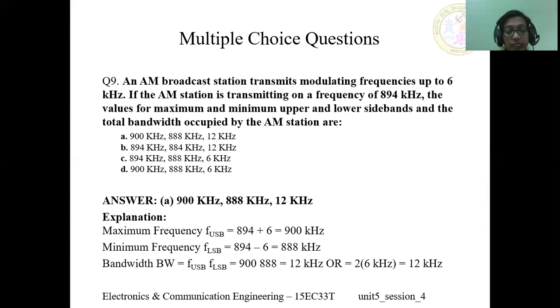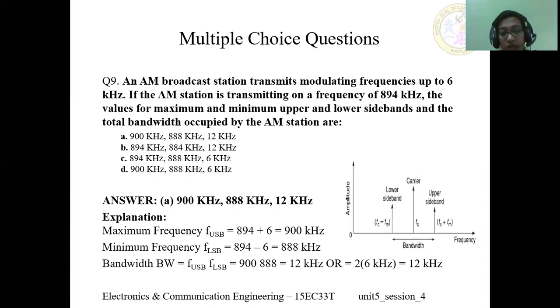The FC is 894 plus 6, that is 900 kilohertz, and the minimum frequency is the lower sideband frequency, given as 894 minus 6, that is 888 kilohertz. The bandwidth is the difference between the upper sideband and lower sideband. So 900 minus 888 gives you 12 kilohertz, which is nothing but 2 times 6 kilohertz. The answer is A.